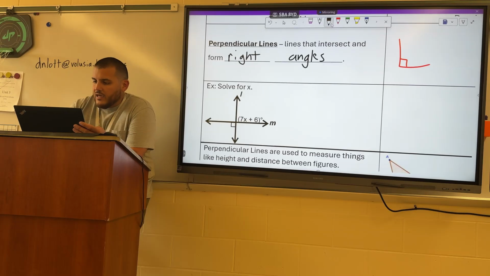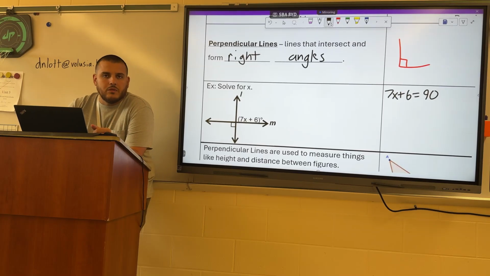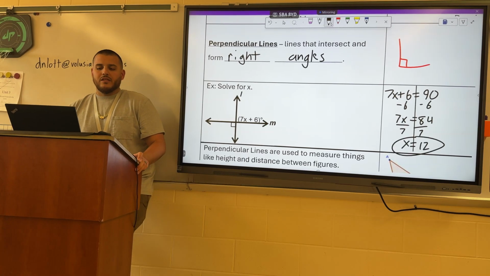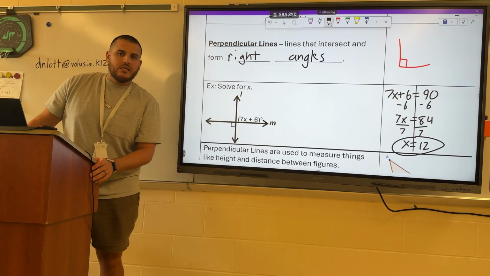So to solve for x, we would just set 7x plus 6 equal to 90. So those lines are perpendicular. The angles formed at their intersection have to be right angles, 90 degrees. So to solve for x here, I'm going to subtract both sides by 6 to get 7x equals 84. Then I can divide both sides by 7 to get x equals 12. Hopefully that's a good refresher for you on how perpendicular lines work.